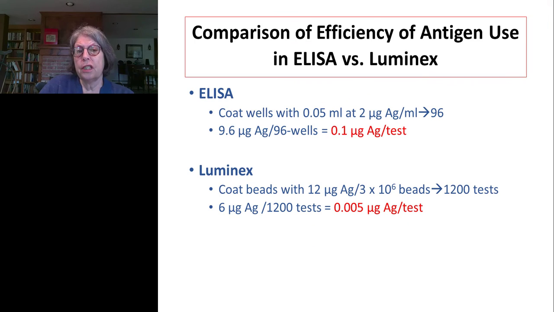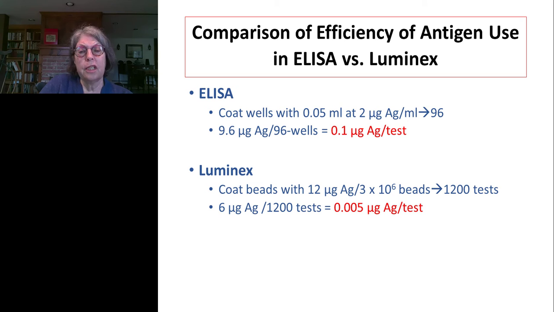In addition to the greater sensitivity of the Luminex assay, we have been able to reduce the amount of antigen needed per test. With the ELISA, the wells are typically coated with 0.05 milliliters or 50 microliters of the antigen solution at 2 micrograms of antigen per ml, and using that in 96 well plates means that you're using 0.1 micrograms of antigen per test.